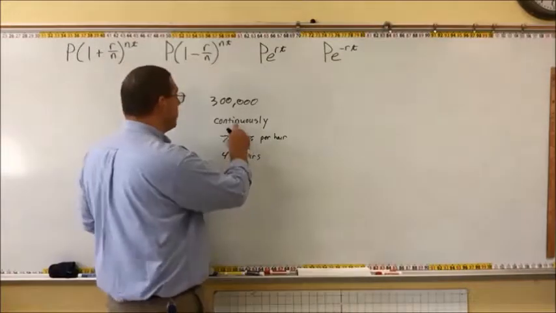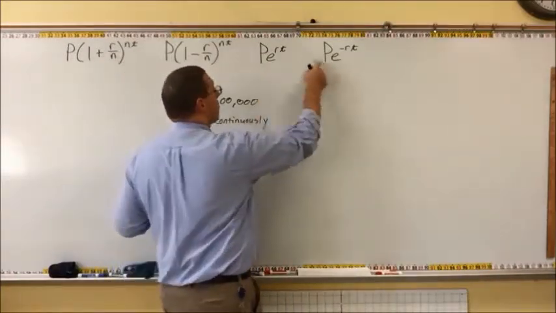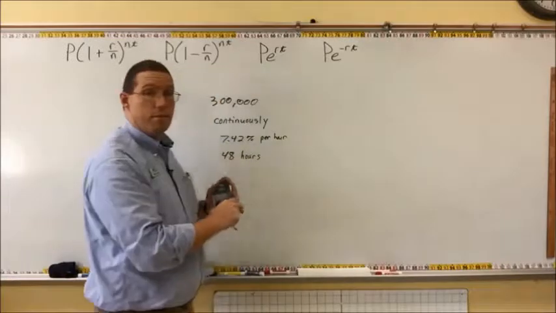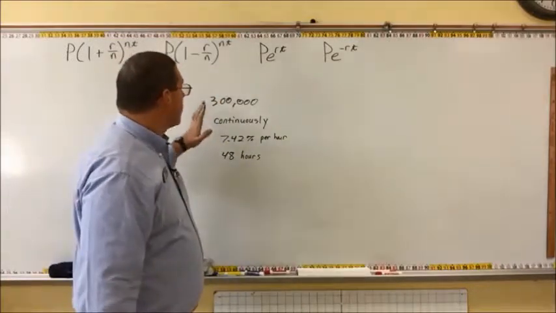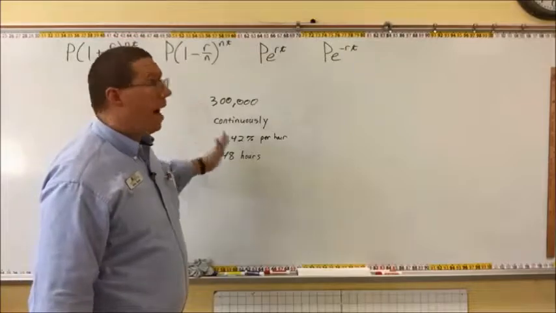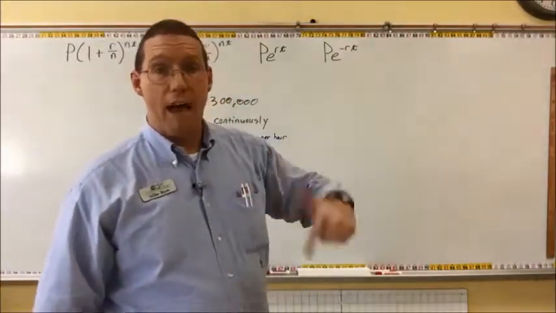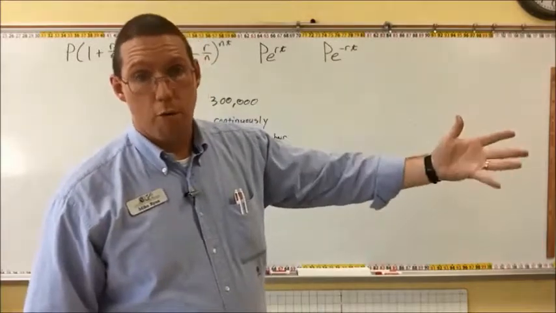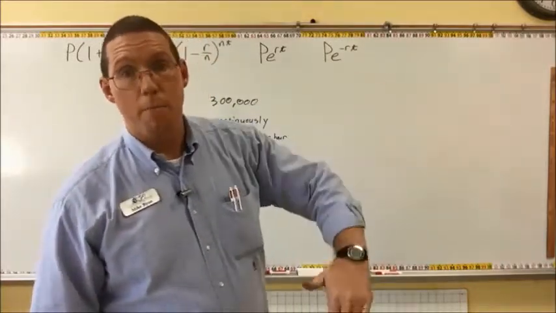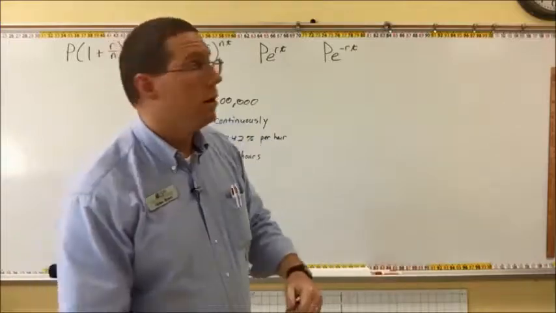Now, because it's continuously, it's going to be one of these two formulas, because they both have e's in them, right? But it says they're dying continuously. Dying means that their value is getting smaller. If the value is getting larger, that's a growth formula. If the value is getting smaller, that's a decay formula. Okay?